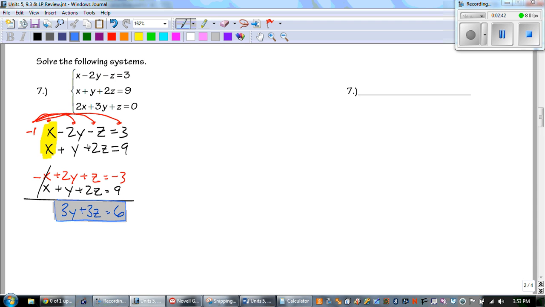So I did the top equation and the middle equation. Now I'm going to use the middle equation and the bottom equation. Once again, my first step, I'm going to just rewrite them 100% exactly like they are, and I'm not changing anything.